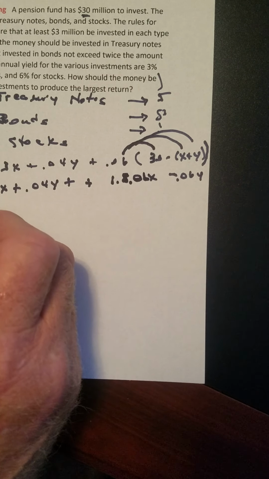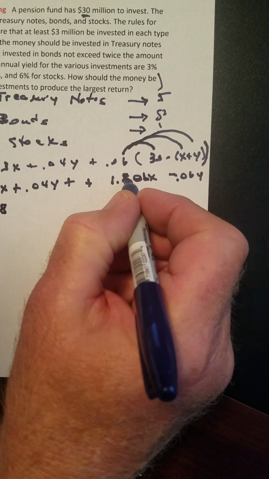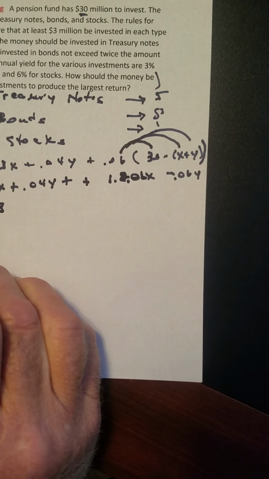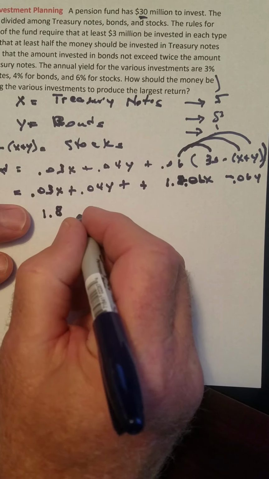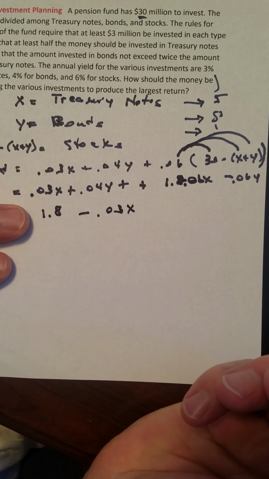I'm going to put the 1.8 first. There was a minus right in here. So I got 0.03x up front minus 0.06x, that's minus 0.03x.